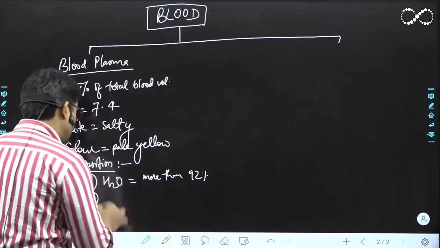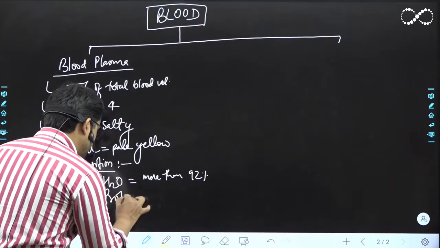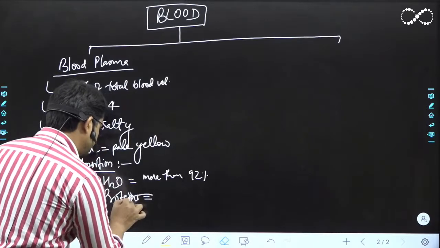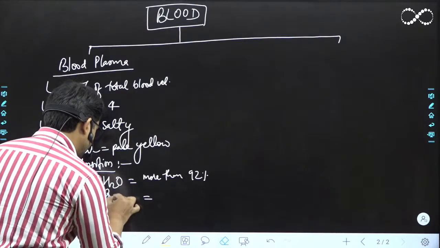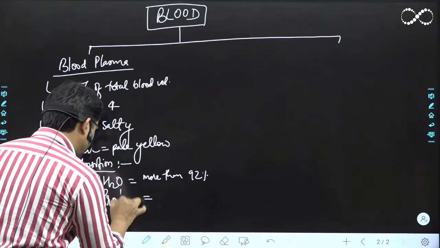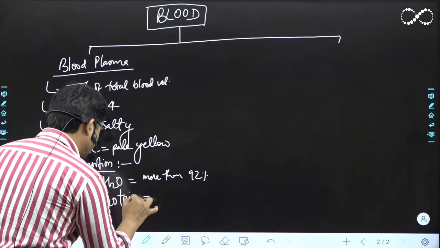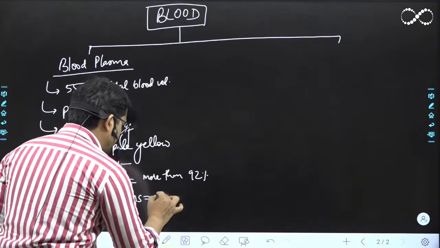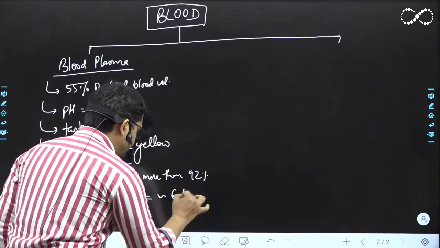Remaining 8% contains proteins. Proteins are around 6%.